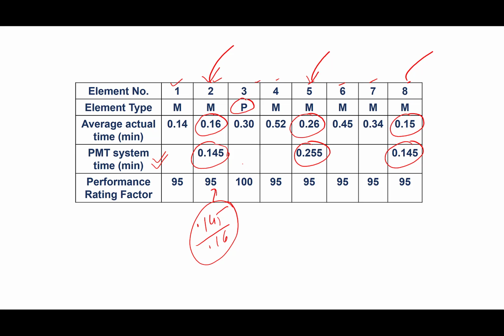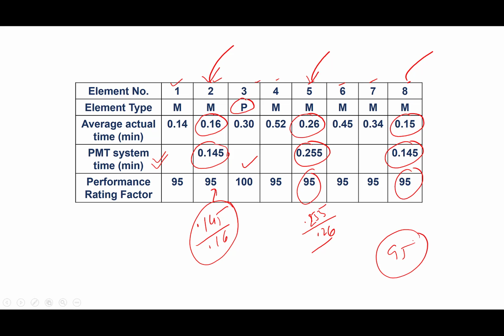This is always 100% power. Similarly 0.25 divided by 0.26 will give us 95%, and similarly this one. So what it is giving us is a 95% rating.